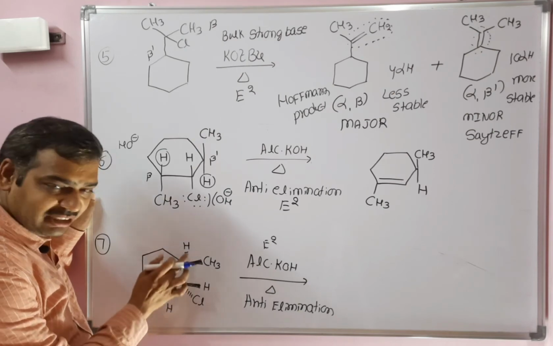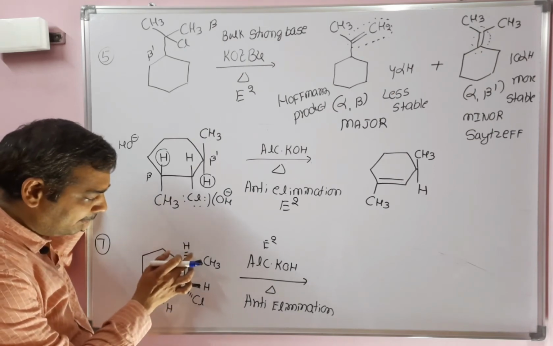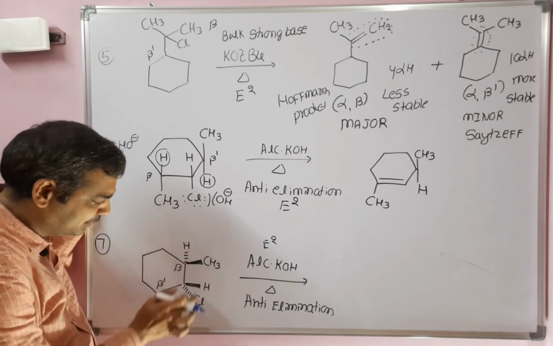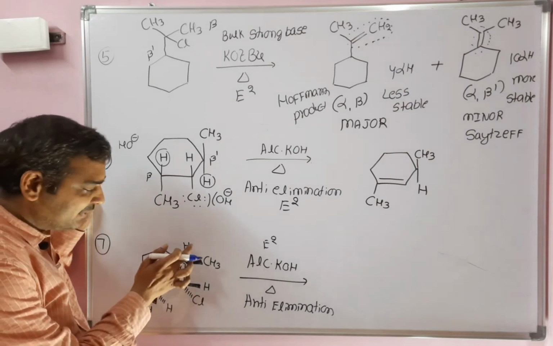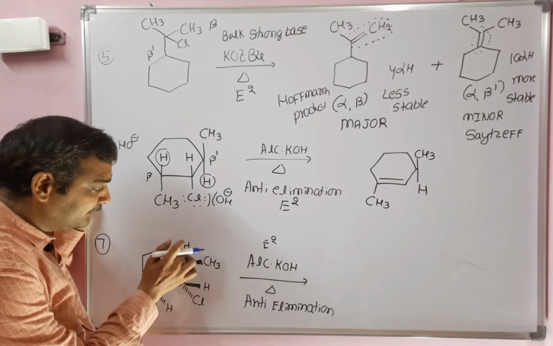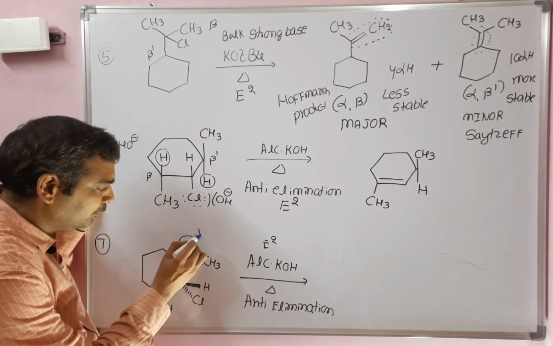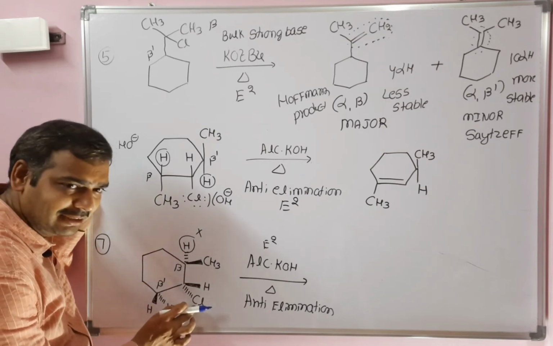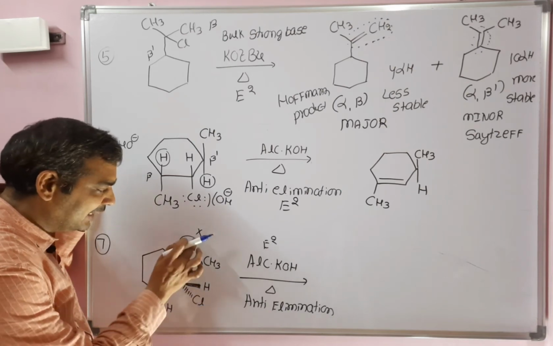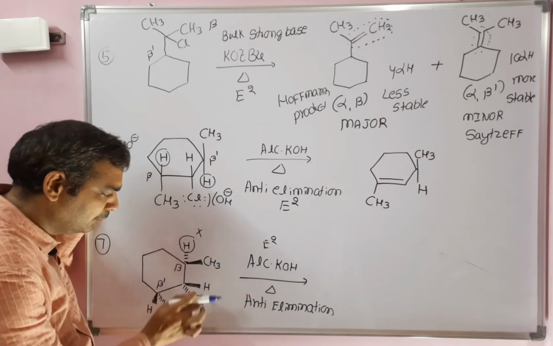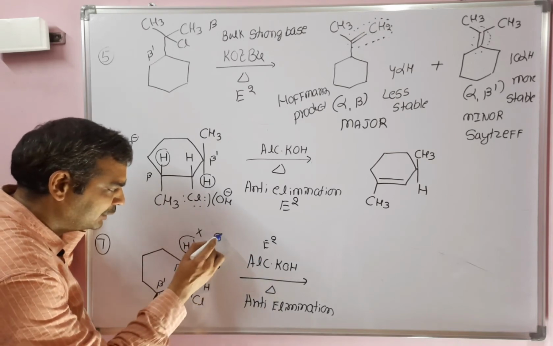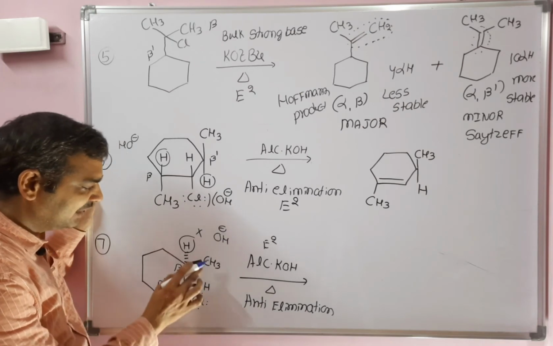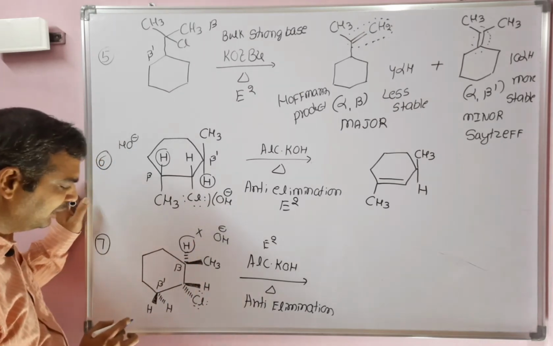This hydrogen, even though it is far away, is still below the plane. It is not possible to abstract this proton because these two are below the plane, on the same side. While abstracting this hydrogen, there is lone pair repulsion between OH minus and this lone pair of electrons on chlorine. That's why the same side is not possible here.